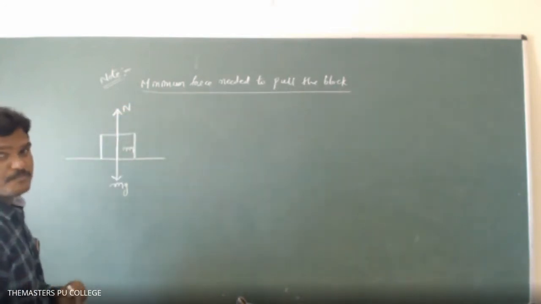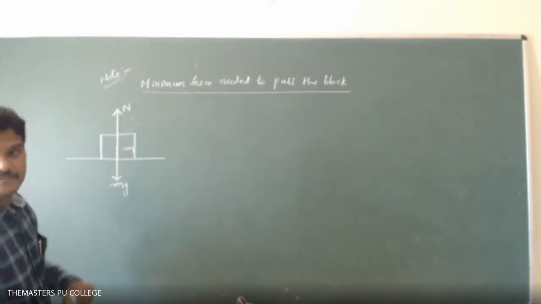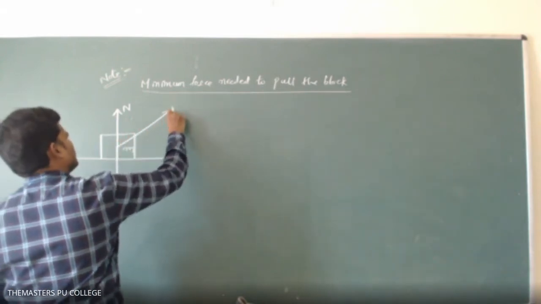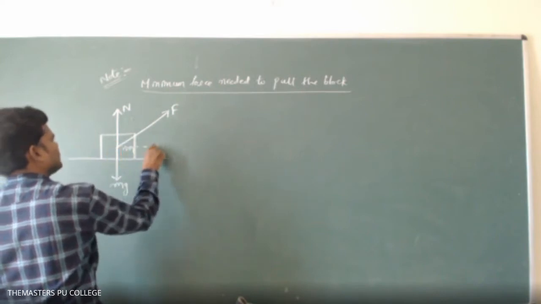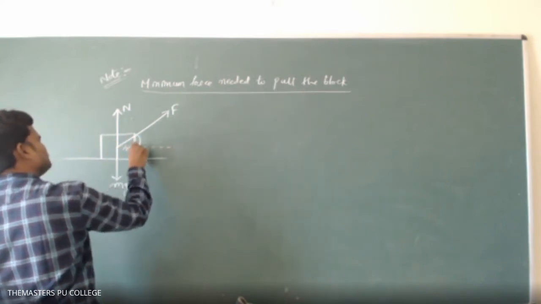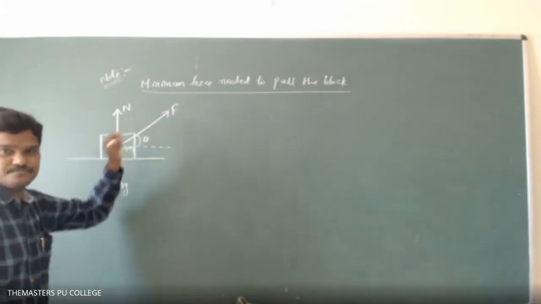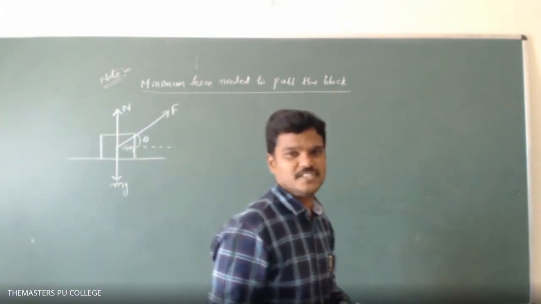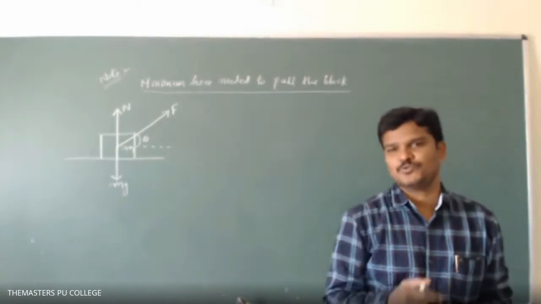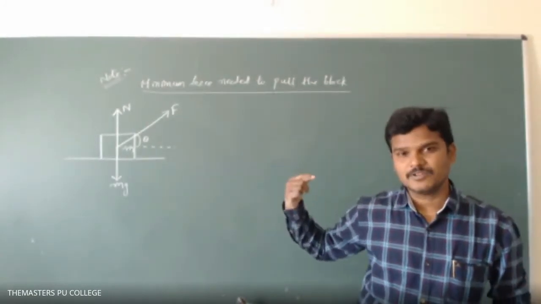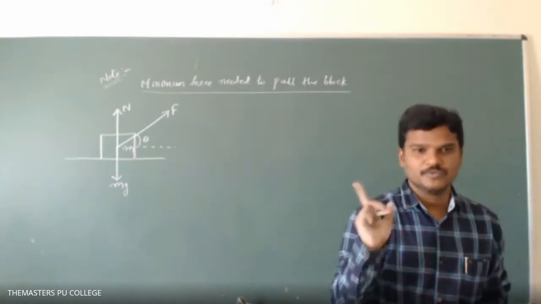I want to apply a pulling force. I am applying it with an angle theta. This is the pulling force. How much minimum force is needed? What is the least force required to pull this block on a table such that the block is ready to move? It's not moving.